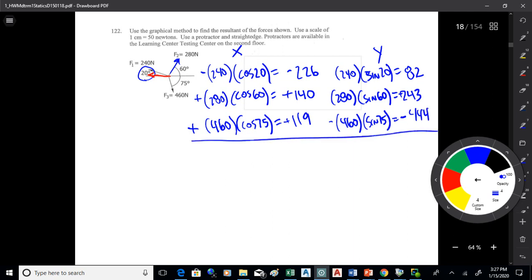Okay, like so. And then I've got them in columns there, so I can just add them up. And when I do that, for the x, I'll get roughly positive 34, and I'll get negative 120.